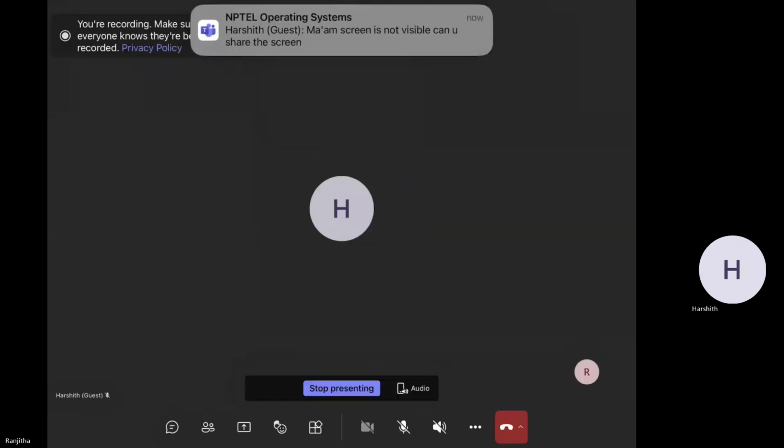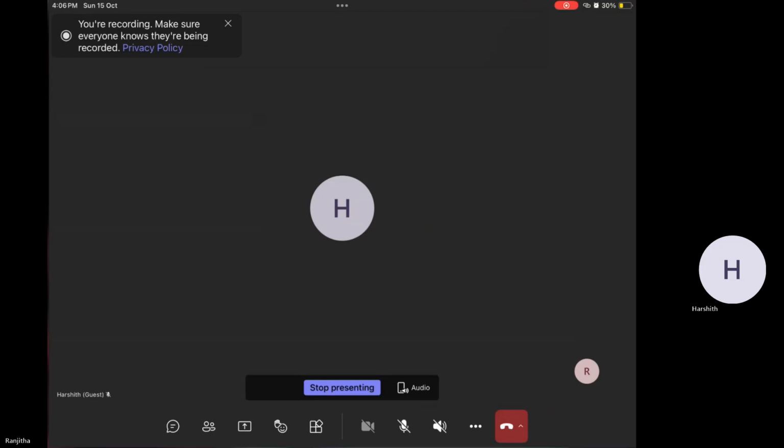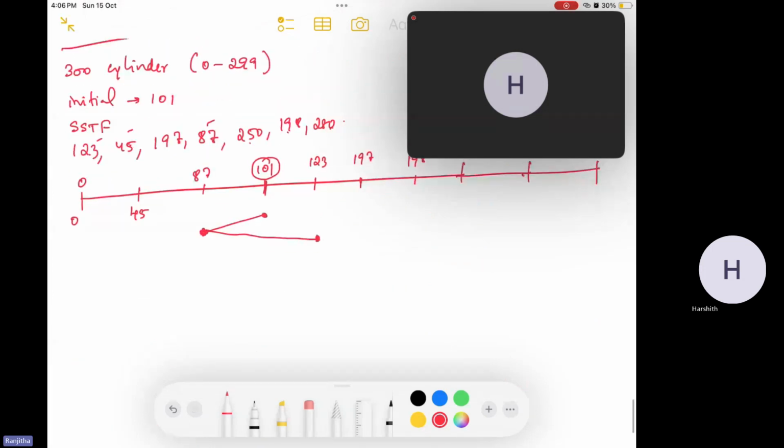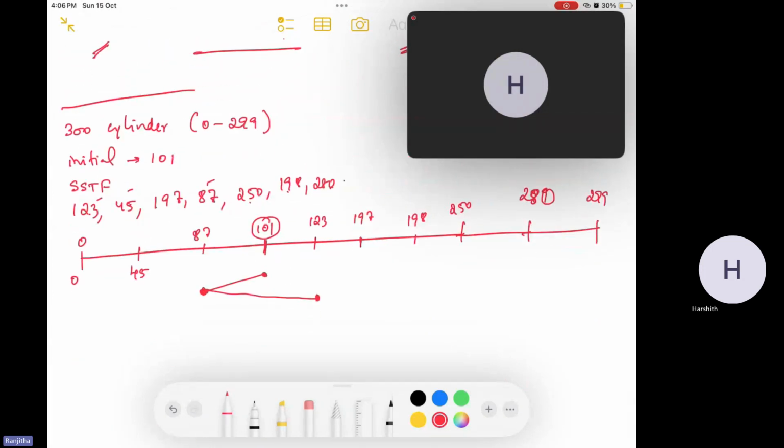So from 87, it goes to 123. Yeah. So from 87, it goes to 123.